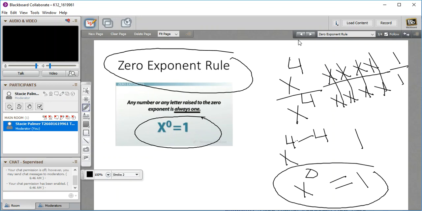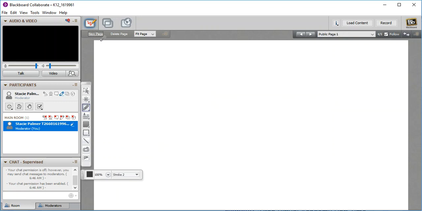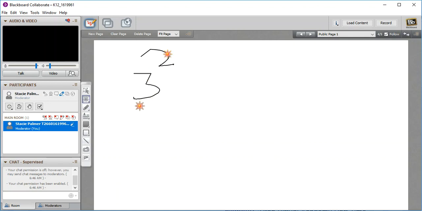Now, from yesterday's quiz, there are a few things that I want to review with you guys. If you have a number raised to a power, we would call this the base and this the exponent. The exponent tells us how many times we're going to use the base as a factor of itself.